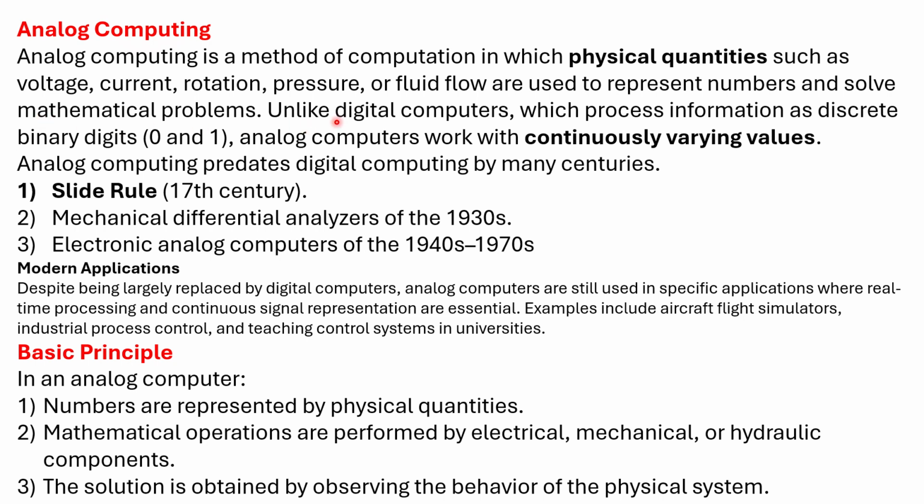Unlike digital computer, which process information as discrete binary digits, analog computers work with continuously varying values. Analog computer predates digital computing by many centuries.